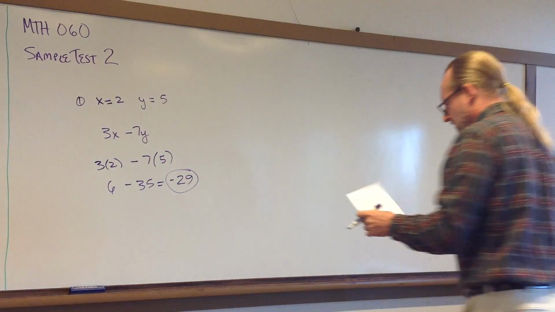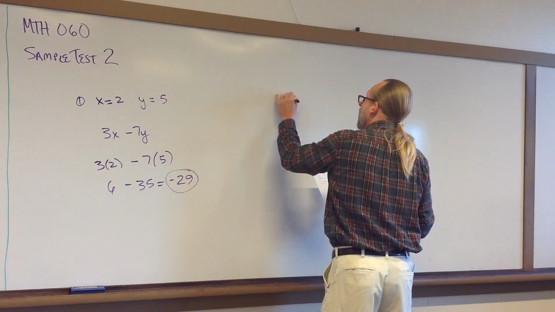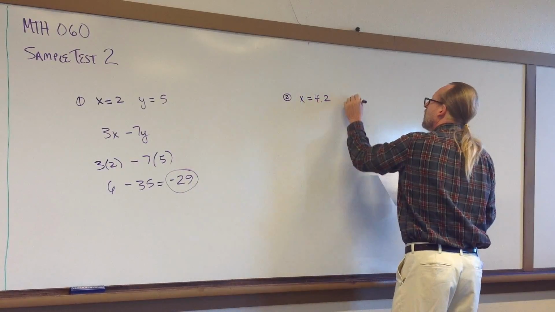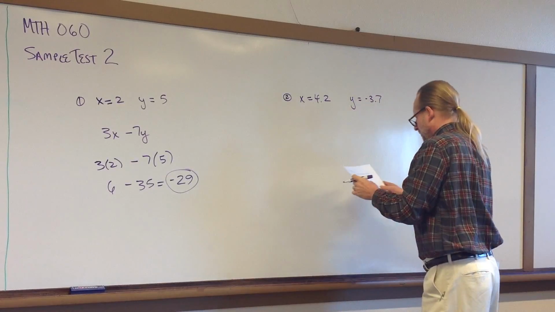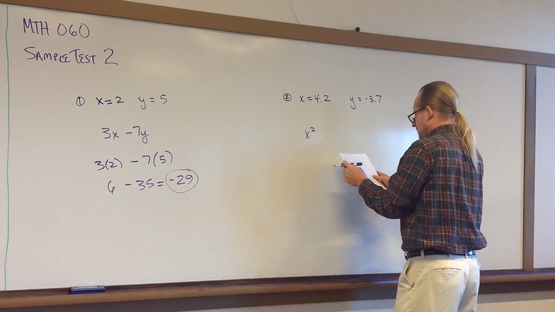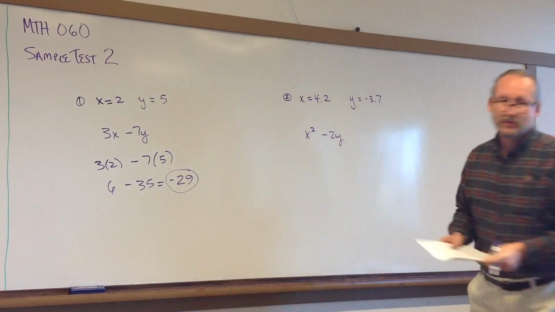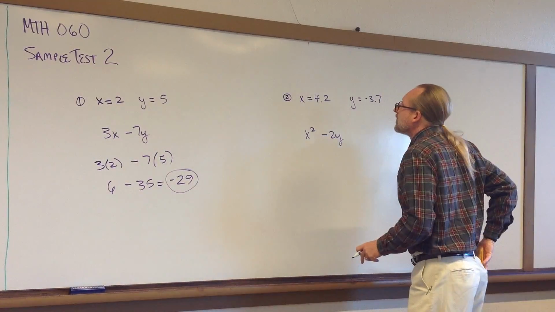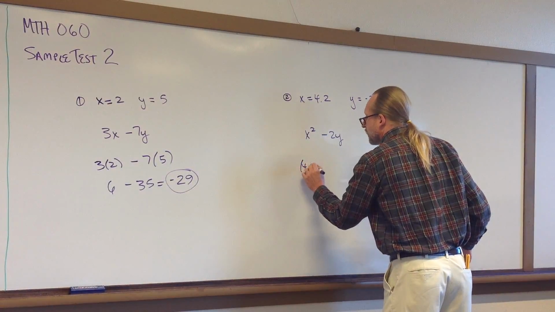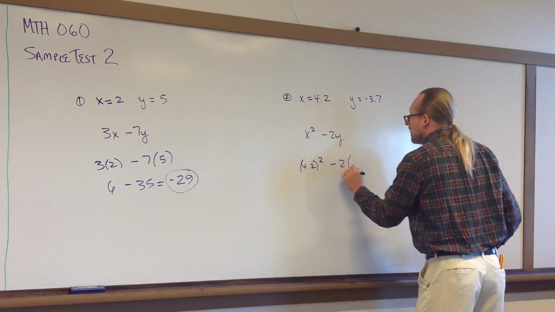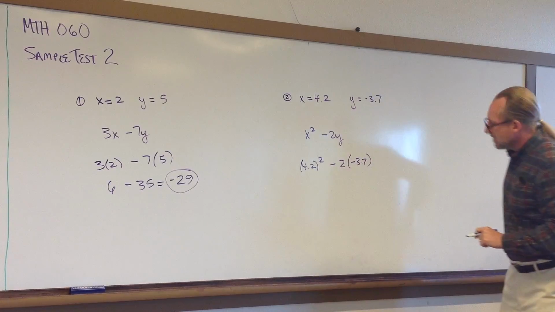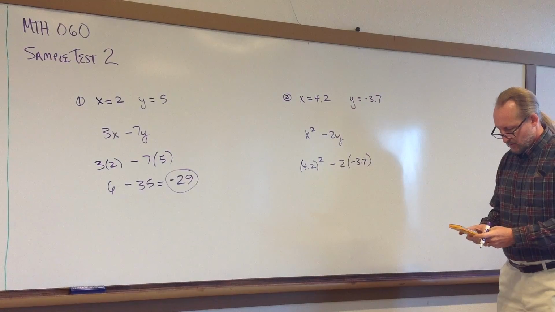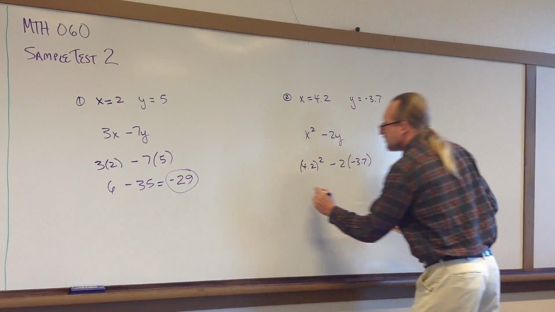All right, let's see here. Problem 2, we've got x equal to 4.2, y equal to negative 3.7, and we want to calculate the value of x squared minus 2y. Use the calculator for this one. So, x is 4.2, y is negative 3.7. 4.2 squared is going to be 17.64.